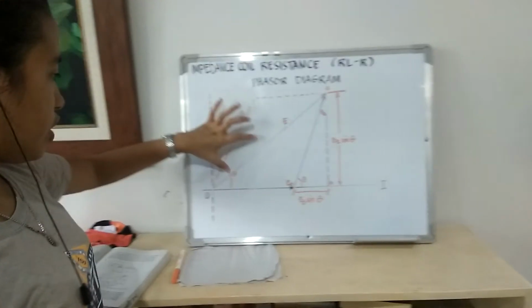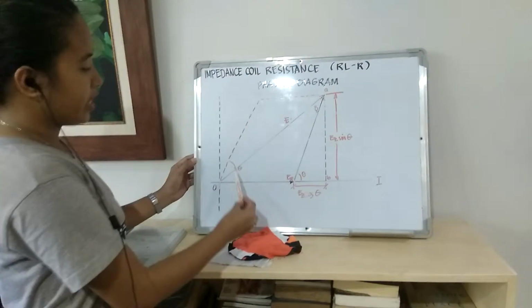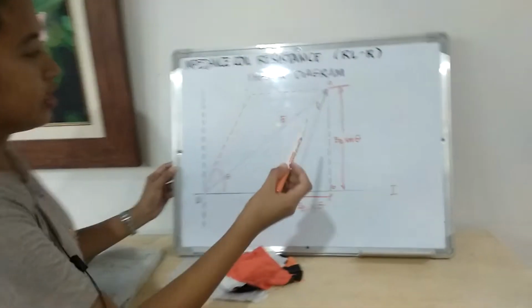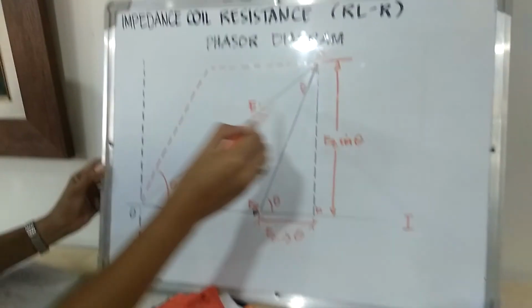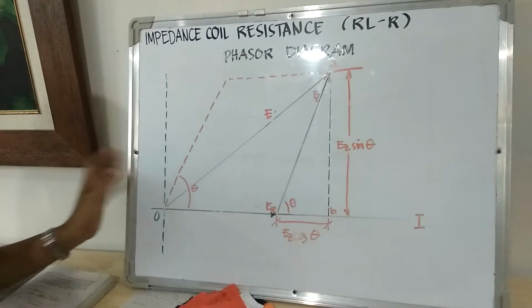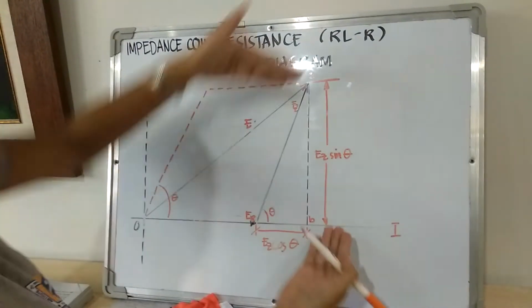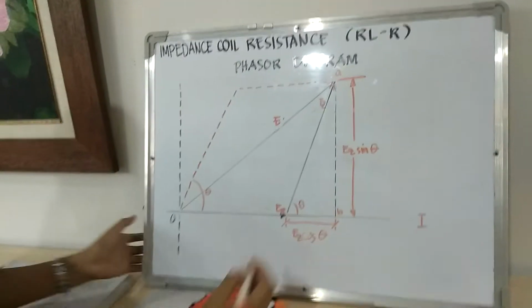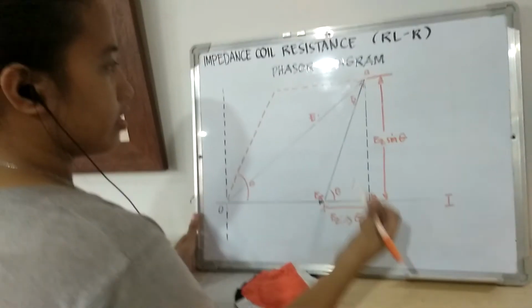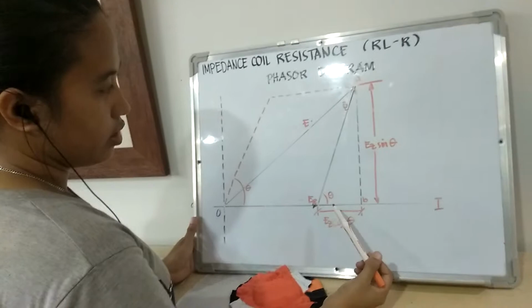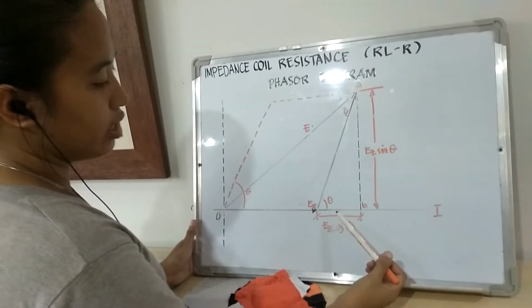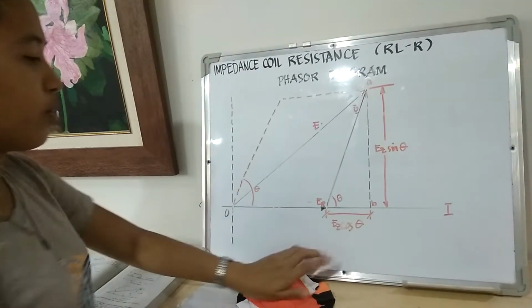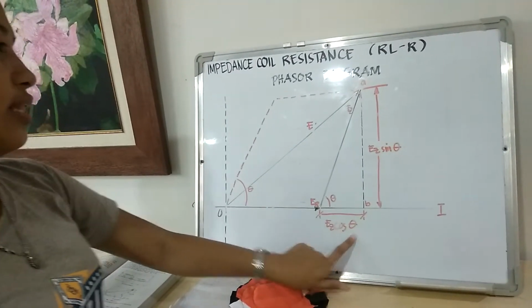So this is it. So next is the angle theta. Since this is the measurement, tangent of this. What we need to find is this side or this side. Since we are given EZ, which is the hypotenuse, and our adjacent, the equation is EZ cosine theta.